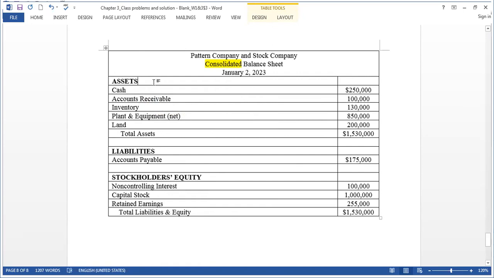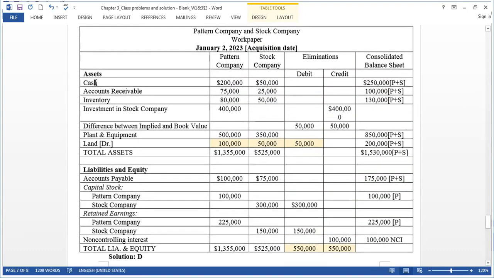So these assets are P plus S, the parent and subsidiary companies' assets. And if we go here, we have cash, accounts receivable, inventory, then plant and equipment and land, right?